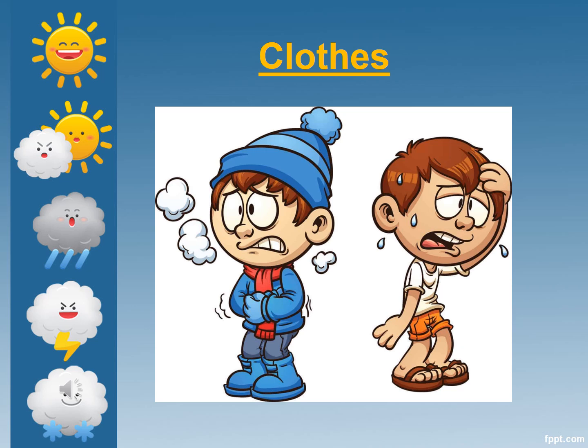So if it's a cold day today, we are going to dress warm. We wear light clothes in warm weather, whereas in cold weather we wear clothes like sweaters and jackets. We wear clothes like a raincoat as well to protect us from the rain.